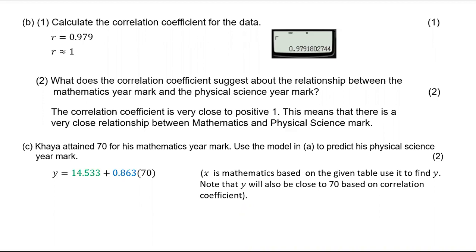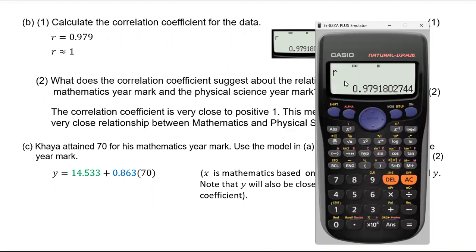When you substitute that, let's see if indeed it'll be close to 70. I'm going to press AC and I will simply put in 14,533 plus 0,863, open brackets, put 70 there, close brackets. That should give you the value of y, which will be 74,943.